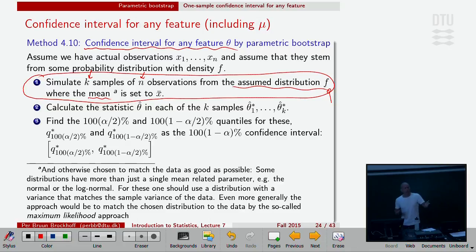Now, if I am going for a normal or a log normal, it becomes slightly more complicated, because the log normal and the normal not only have a mean, they also have a variance, right? So there are 2 things that I need to know the value of to be able to simulate from the normal or the log normal. Hey, but then all of these words in the footnote say, just compute the variance then. If I need a variance in the normal, compute it.